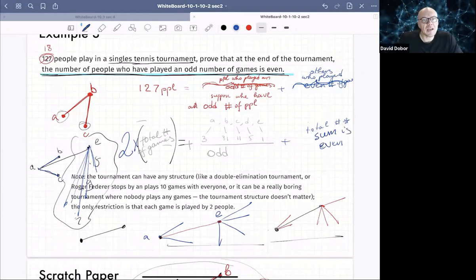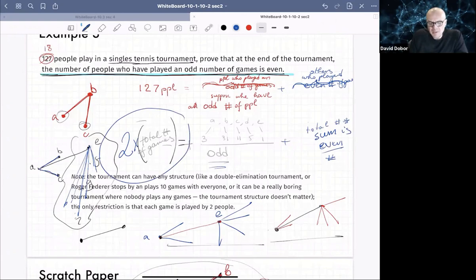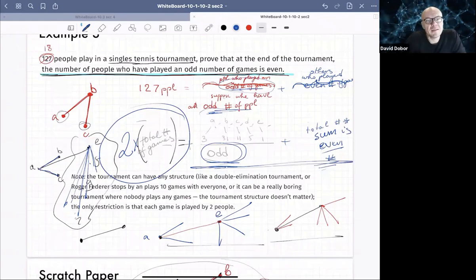Agreed? I have some number of people, and each played an even number of games. So their total sum is an even number, and this one is an odd number. So notice that what we get is that some even number, which is twice the total number of games played, is some odd number plus some even number, which is impossible. What I'm summing up here is all the degrees, the number of games each person played. This guy played 3 games, this guy 31, this guy 11, and so on.